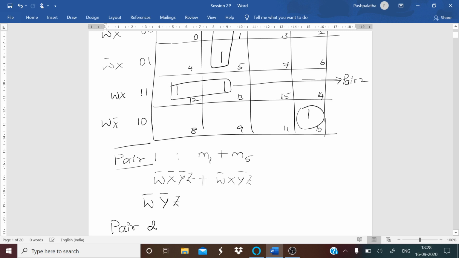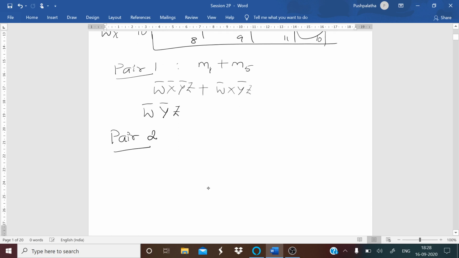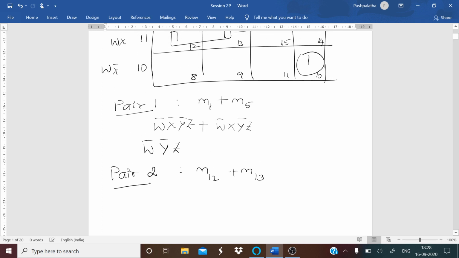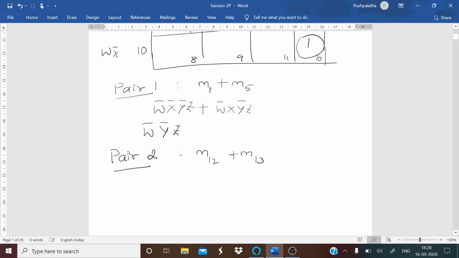So next again, you have your pair 2. Which is your pair 2? M12 and M13. Right? So that is your M12 plus M13. So what do you have in your M12? W X, Y bar, Z bar. Is that correct?